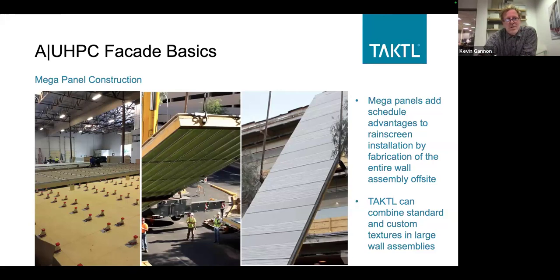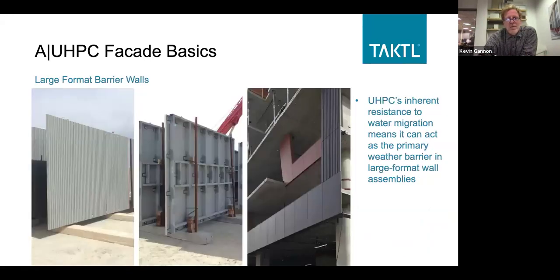It's done just the way it would be on site, just laying flat under roof. And it's a testament to some of our material properties that we'll get into, but we have been installed as the air and water barrier of the building.